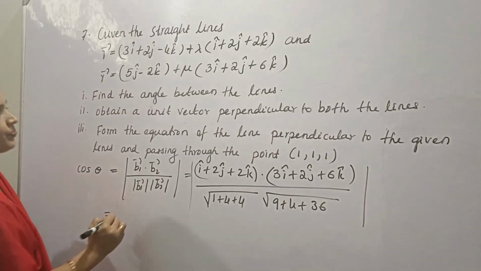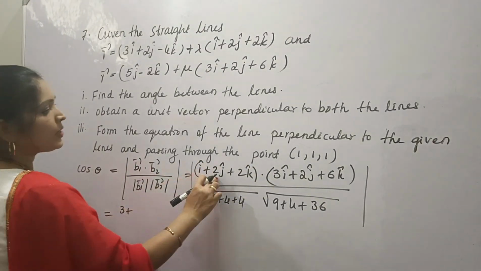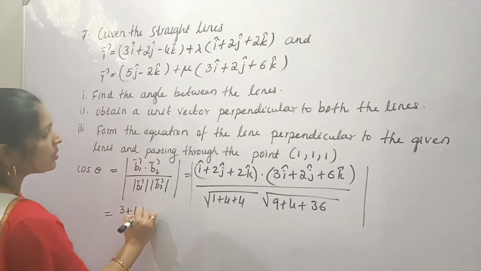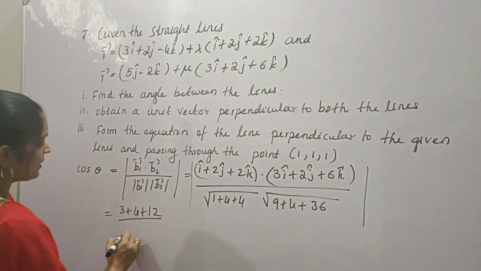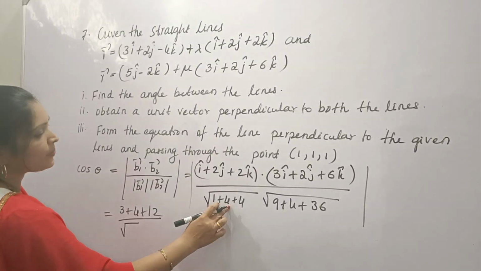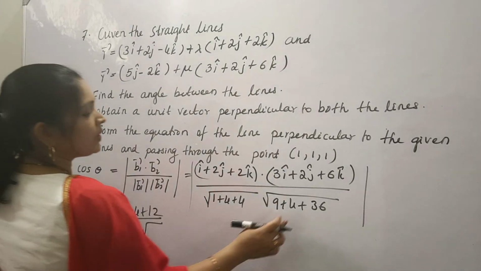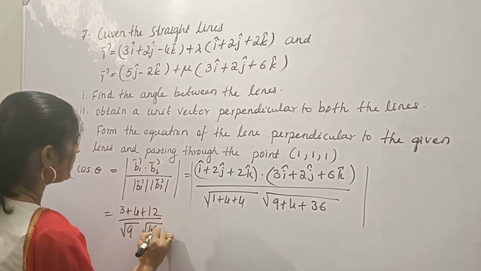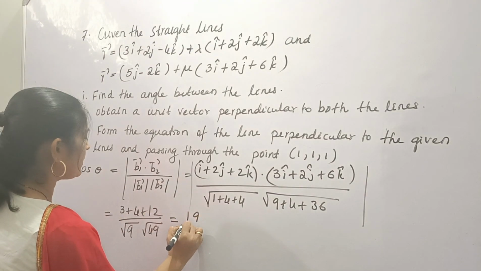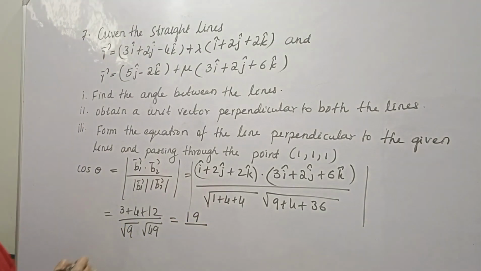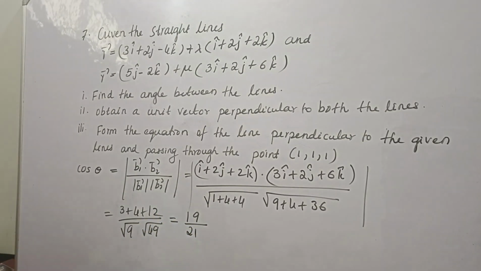That is equal to 1 into 3 is 3, plus 2 into 2 is 4, plus 2 into 6 is 12, divided by root of 9 into root of 49. That is 19 divided by 3 into 7, 21.